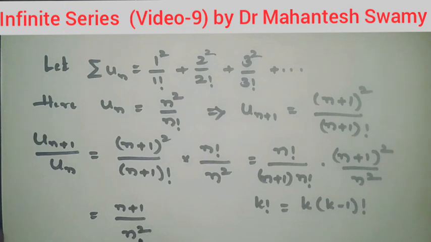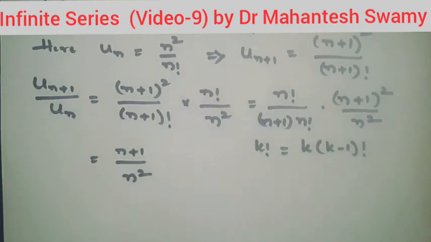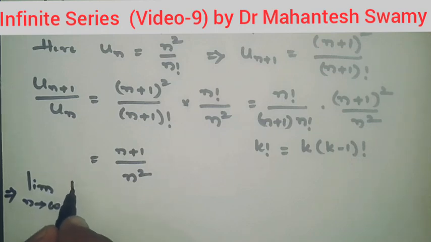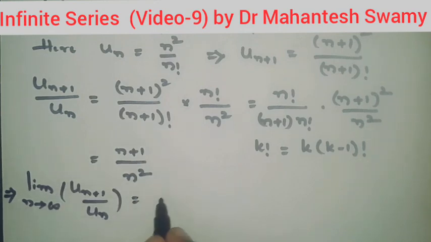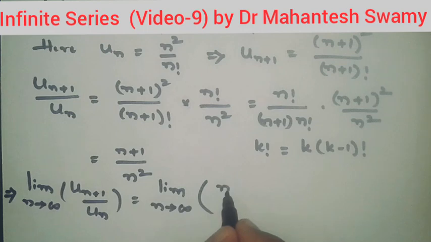So this is the thing remaining, and we have to apply the limit. We have to apply the limit on LHS and on RHS. This implies limit as n tending towards infinity of u_{n+1} divided by u_n equals, on RHS also, limit as n tending towards infinity of (n plus 1) divided by n square.